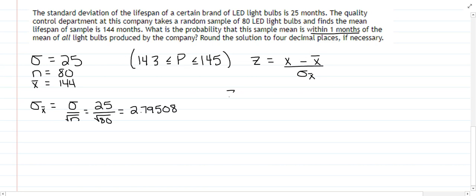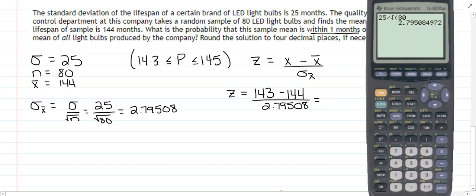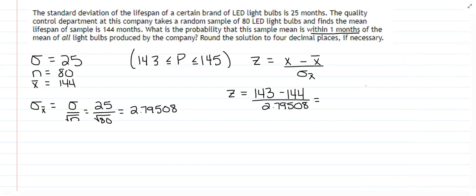So we're going to get a z-score for 143. 143 minus x bar, 144, so that's -1, divided by 2.79508. So that is going to give us -0.35777.